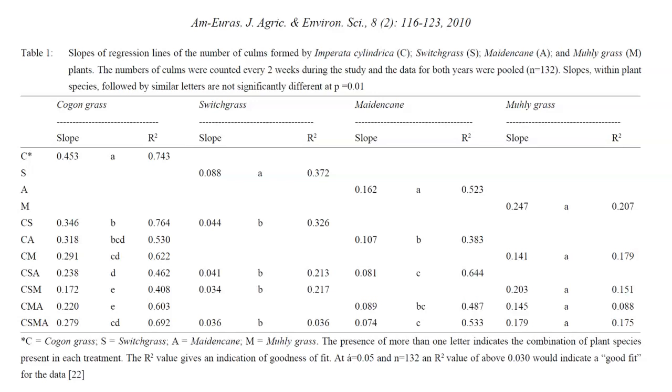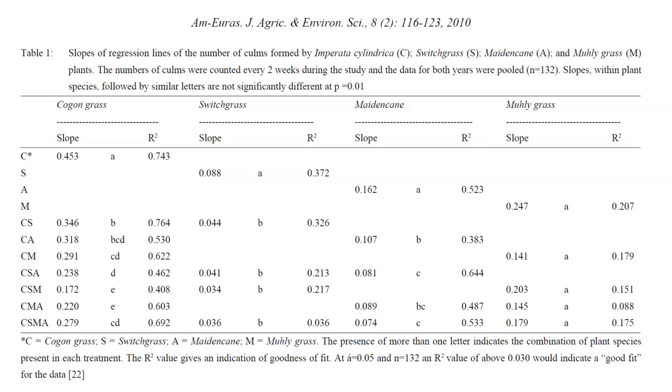The R-squared value gives an indication of goodness of fit. At alpha equals 0.05 and N equals 132, an R-squared value of above 0.03 would indicate a good fit for the data. And then 22 refers to the paper that said that. So anything in here that is above 0.03 would be a good fit.